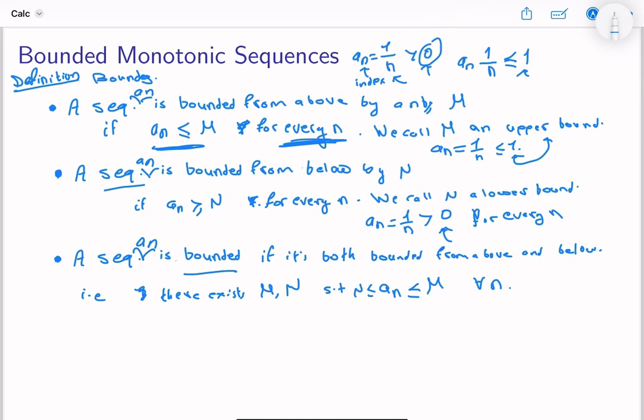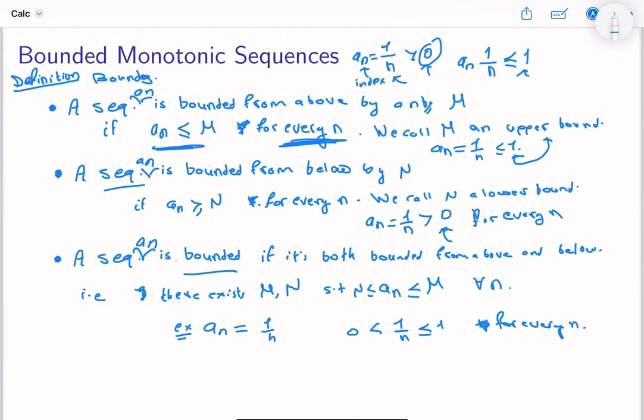An example of this is also the sequence 1 over n, because 1 over n is less than 1 and bigger than 0 for every n. So an equal to 1 over n is just an example of a bounded sequence.